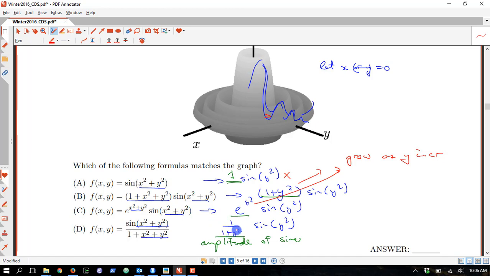Whereas the 1 over 1 plus y squared shrinks. This decreases as y increases. And that's the amplitude that is decreasing, so that matches perfectly with what we're seeing in the graph. So here the correct answer would be D.